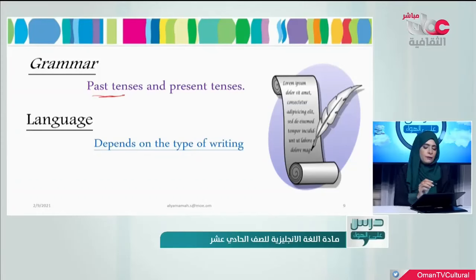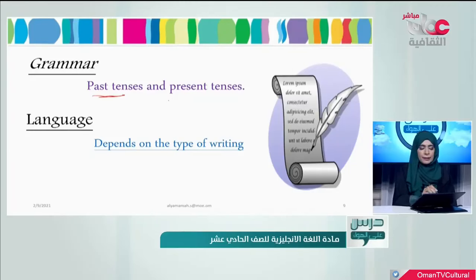For example, if you are talking about the history of the Sultanate of Oman, you will need to express your ideas in the past tense, since you are talking about events that happened in the past. Of course you will use the past tenses in their different forms.